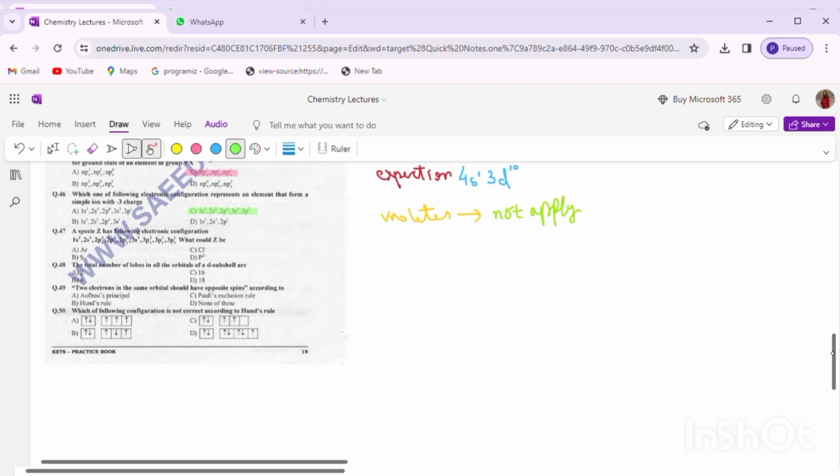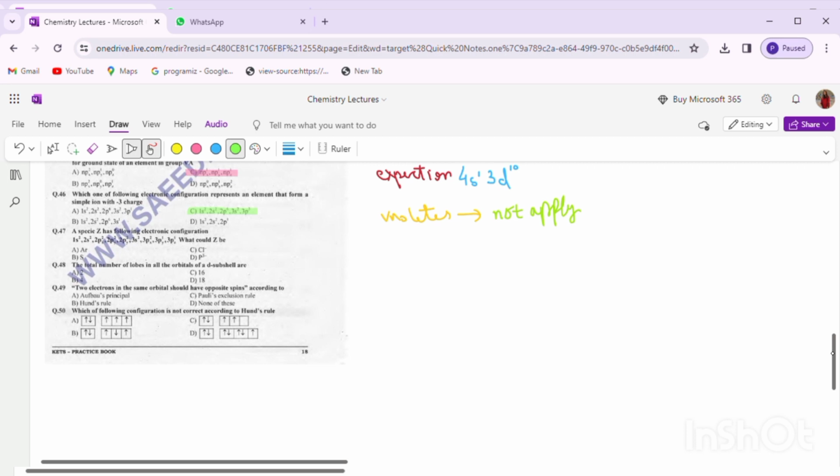A species Z has the following electronic configuration: 1s2, 2s2, 2px2, 2py2, 2pz2, 3s2, 3px2, 3py1, 3pz1. What could Z be? Means they are asking us its atomic number, right? If this is given, what would be the element?